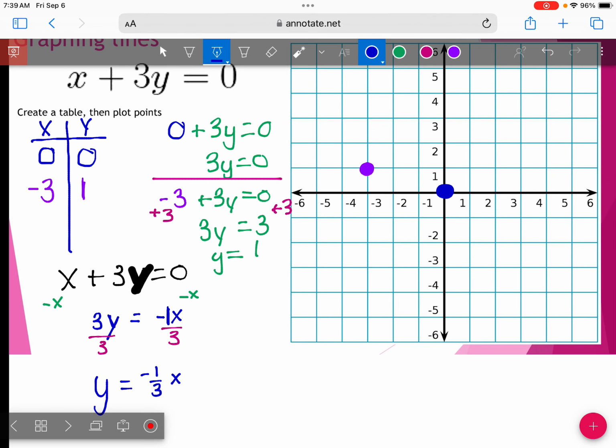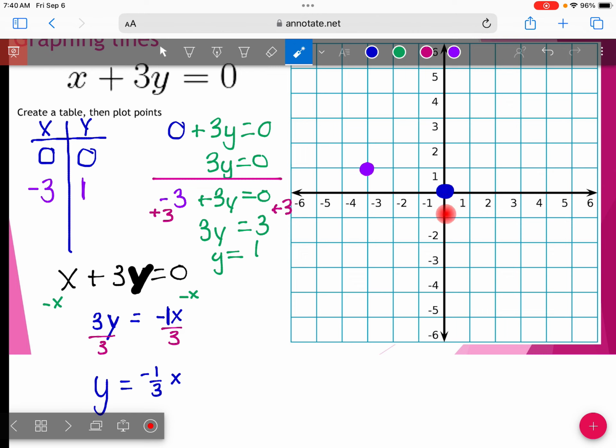So we can still use our information from our table. Those points are valid. But instead of me substituting in a whole lot more x values and getting ugly things, I'm going to use my slope, my rise over run, my negative 1/3. When I am moving from some point with a slope of negative 1/3, how am I going to move specifically?